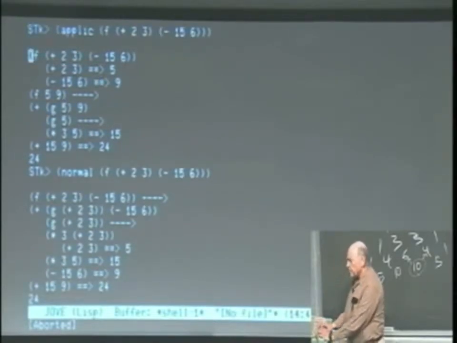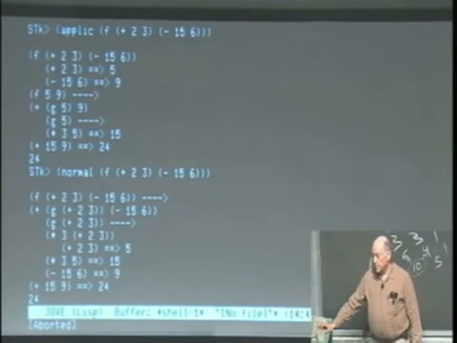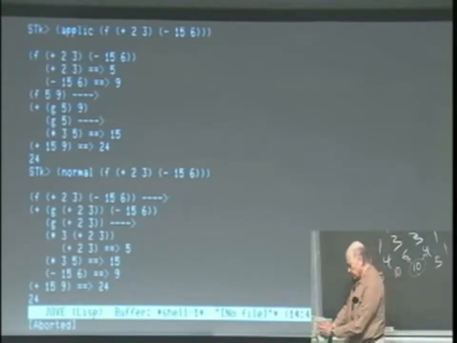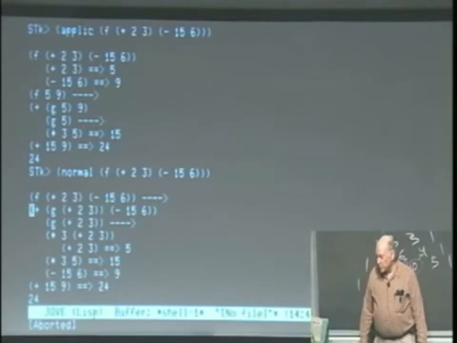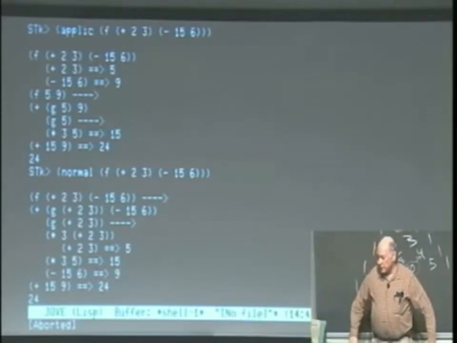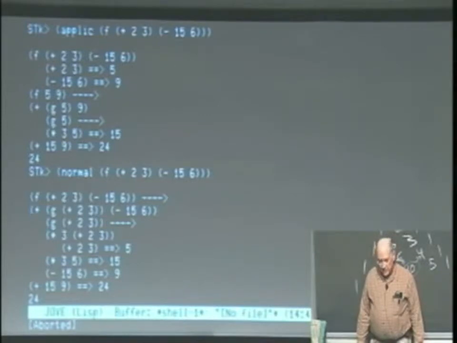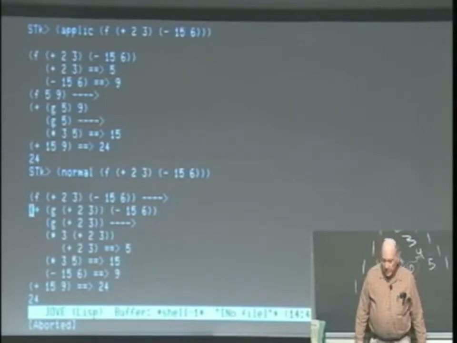Last time around, we started by doing plus 2, 3 and getting 5, and from then on in the computation, we're dealing with 5 rather than plus 2, 3. This time, I just substitute the plus 2, 3 and the minus 15, 6 into the body of f. Body of f is plus g of a, b. So we get plus g of (+ 2 3) (- 15 6).